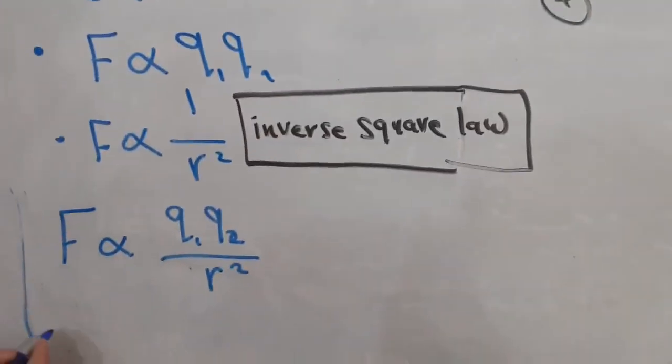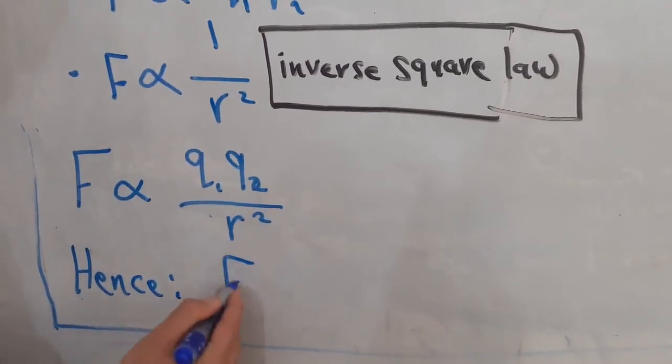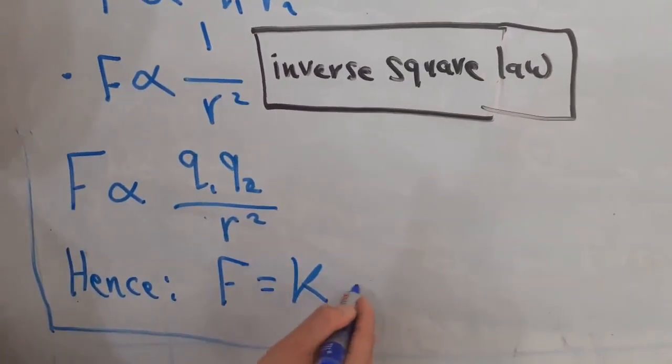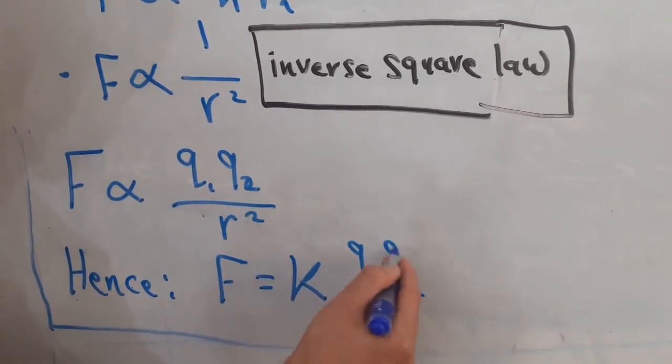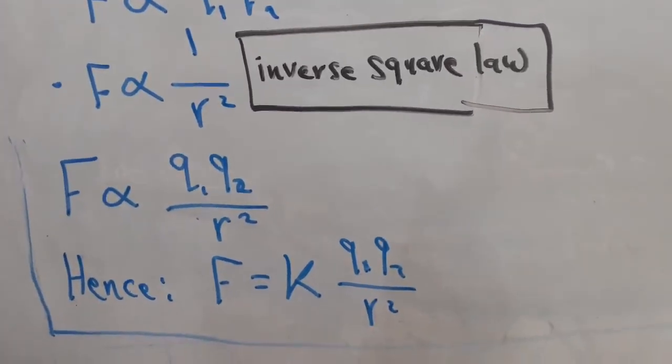Hence, F equals K Q1 Q2 over R square. Okay.